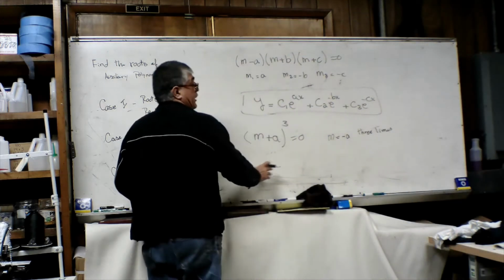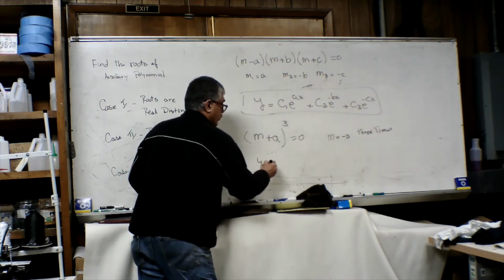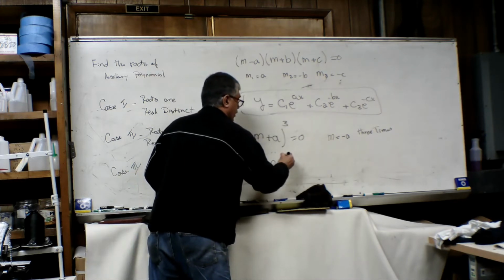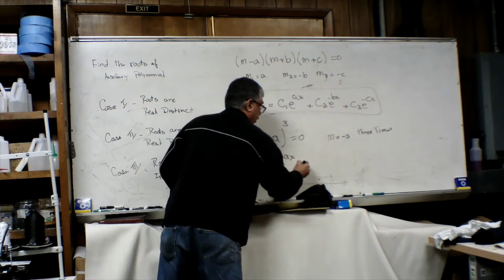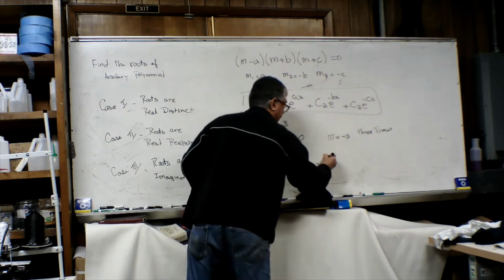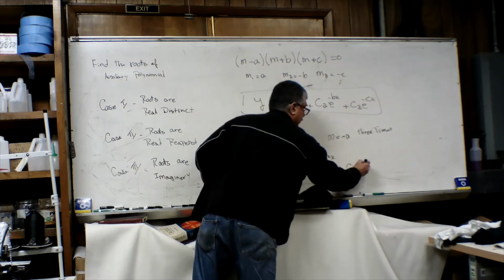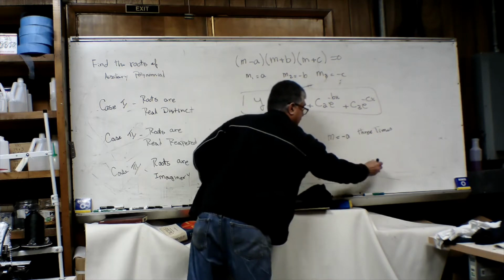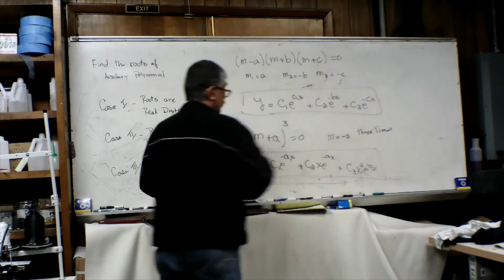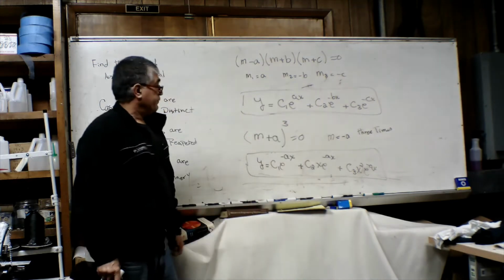So the general solution for a case like this will be y equal to c1 e to power minus ax plus c2 x e to power minus ax plus c3 x squared e to power minus ax. So this will be the general solution for the repeated roots.